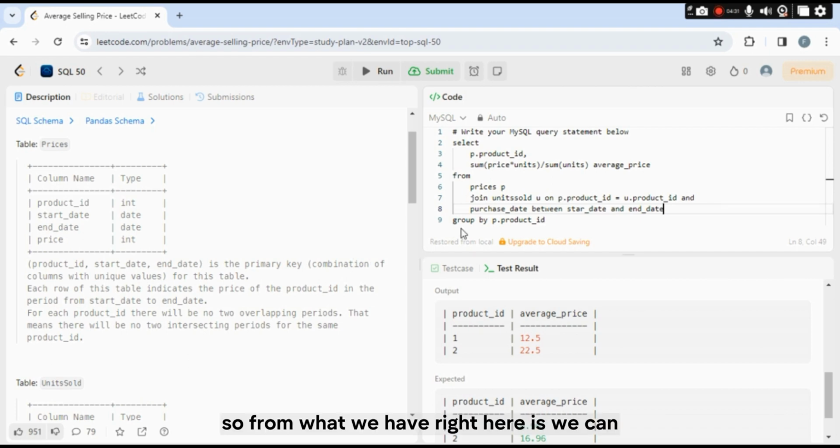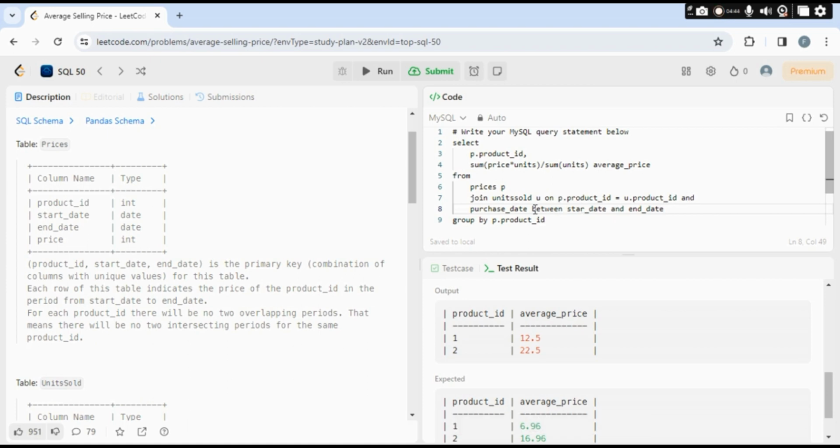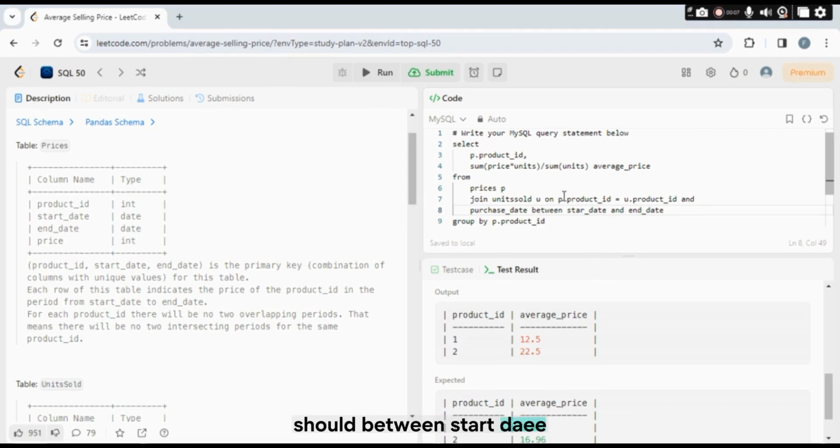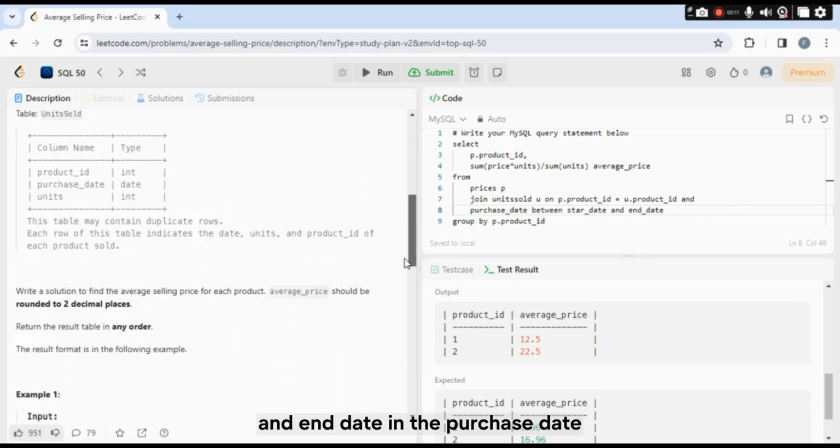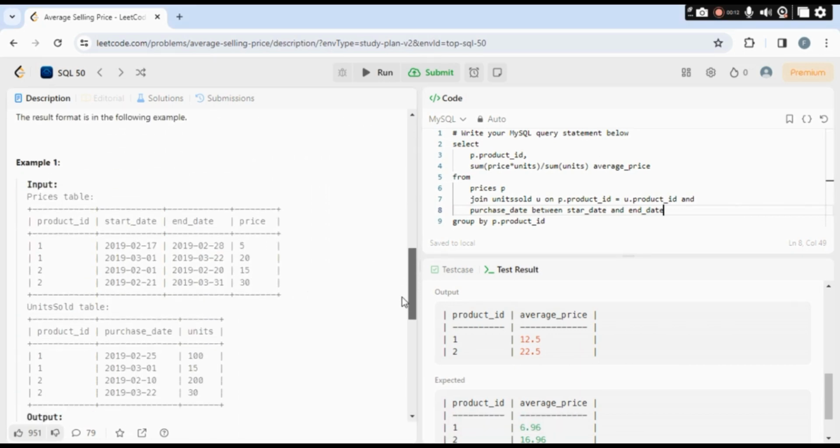So from what we have right here, we can understand that the product that has been sold is sold between start date and end date in the purchase date.